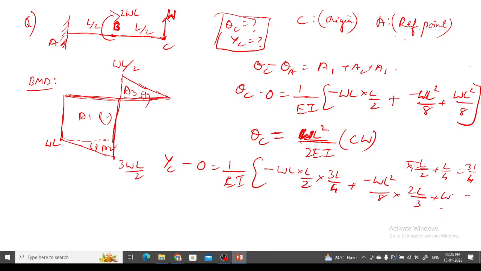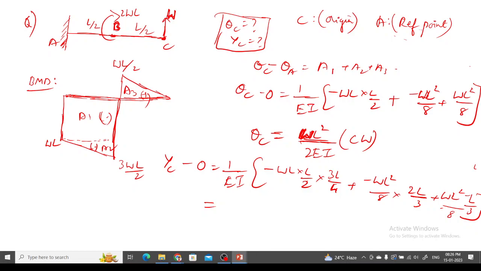And WL square by 8, into x1, which is L by 3. Is this fine, what I have written? All x1 bars are fine? No, sir, x2 bar.